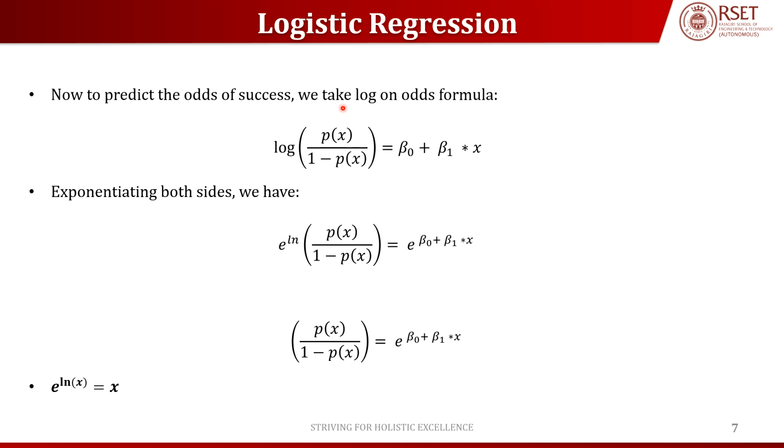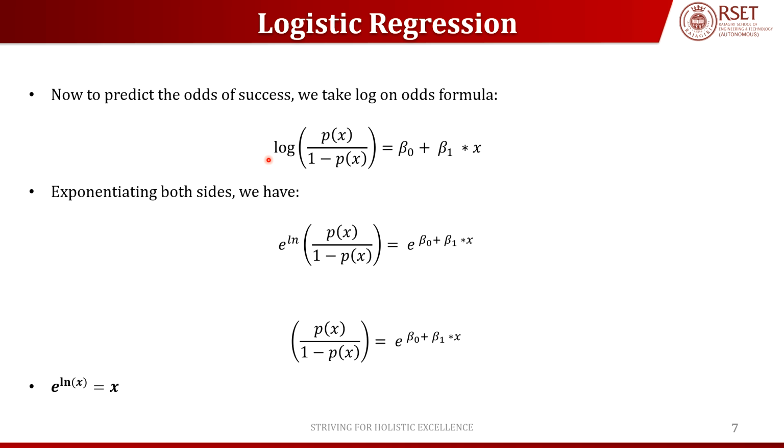So again, we are going to take log on the odds formula. This was the odds formula, p of x by 1 minus p of x. I have taken log on it and equated it with the straight line equation beta 0 plus beta 1 x. Now here I am going to exponentiate both the sides.